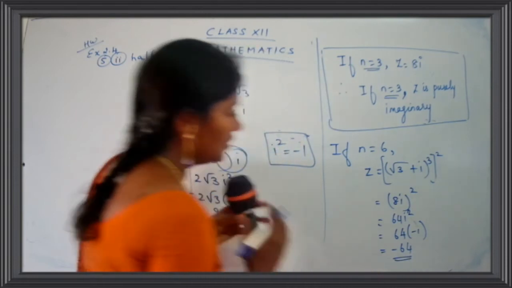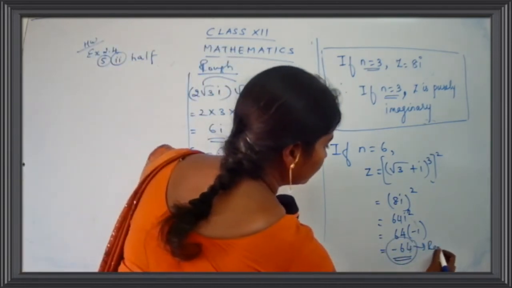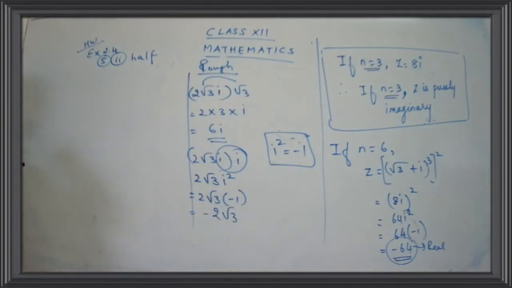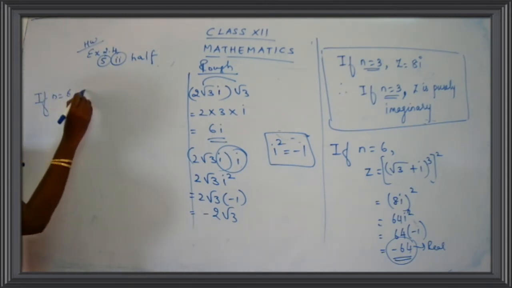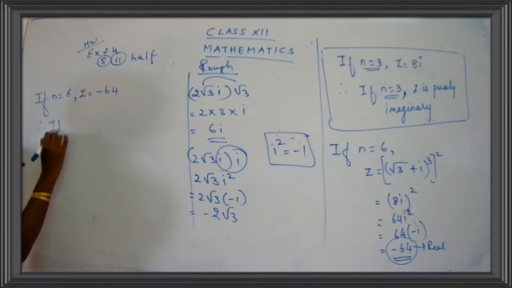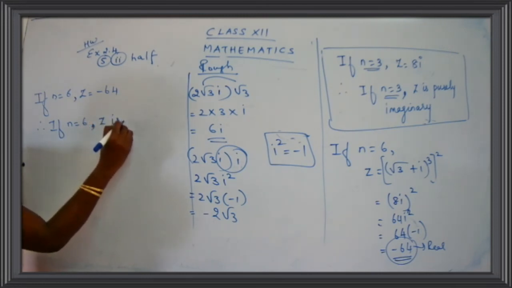So I got a real number without i. What is the meaning of real? The number which comes without i. Let me complete the answer. If n is equal to 6, z is equal to minus 64. Therefore, if n is equal to 6, z is real.